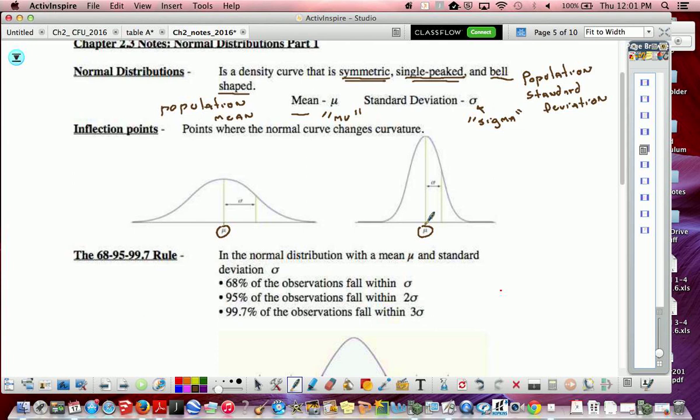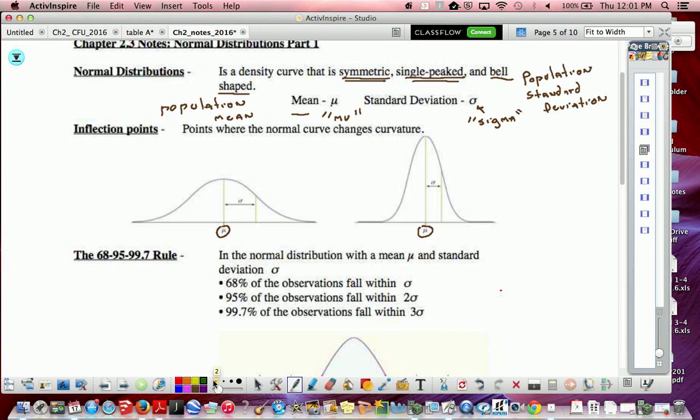If we remember, standard deviation is your average distance a given data point is away from the mean in a distribution. So how you find it on this normal bell-shaped curve is this concept of what's called inflection points.